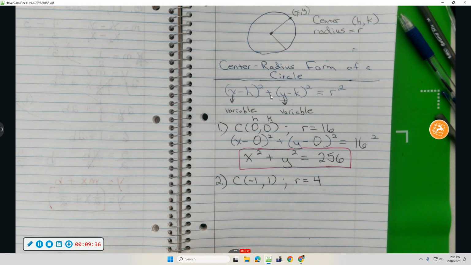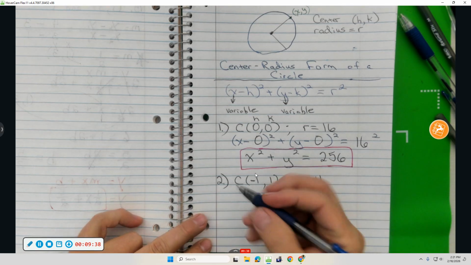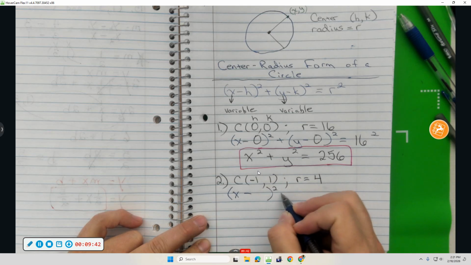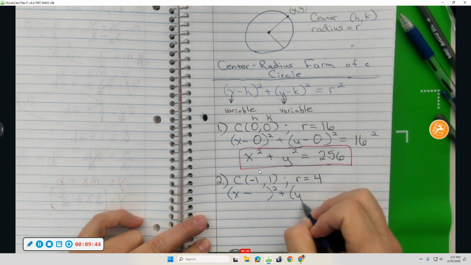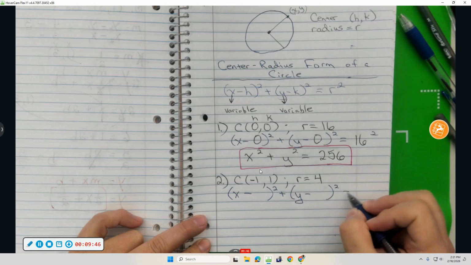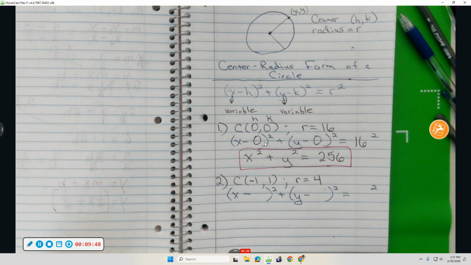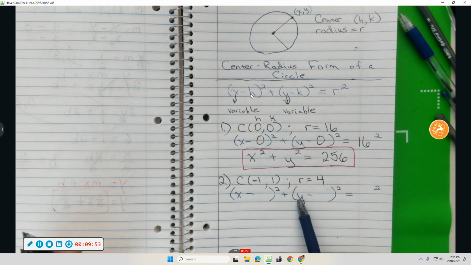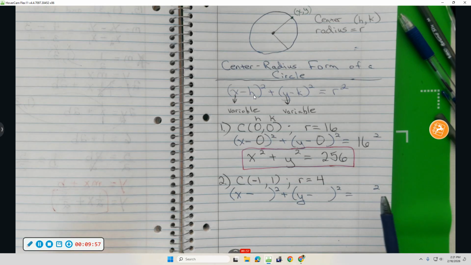Well, let's write out what we know. We know we're going to have parentheses and an x minus, plus, we're going to have a y minus, the x, the y. We have 3 numbers that we're going to have to fill in. What letter is -1?